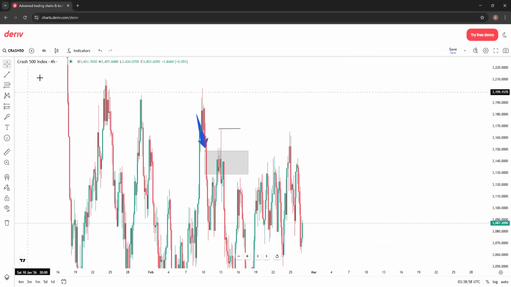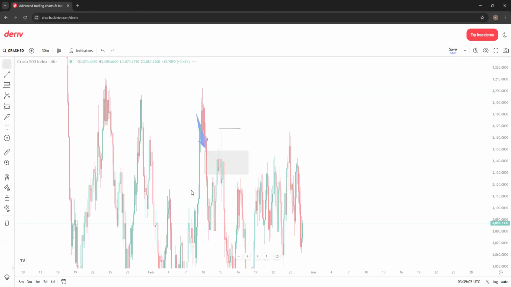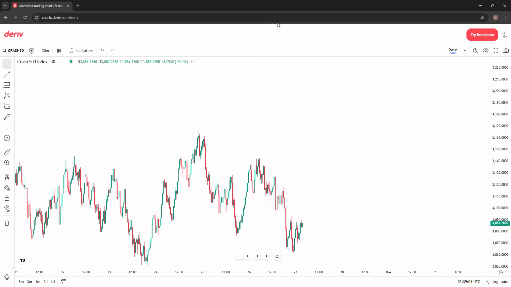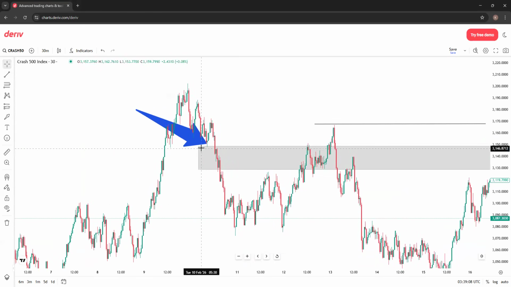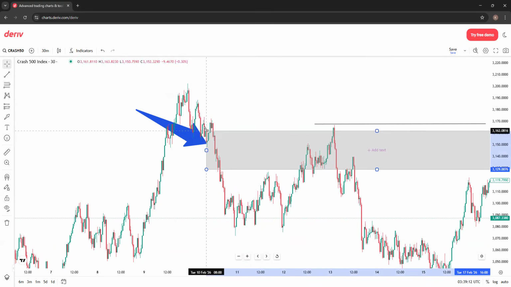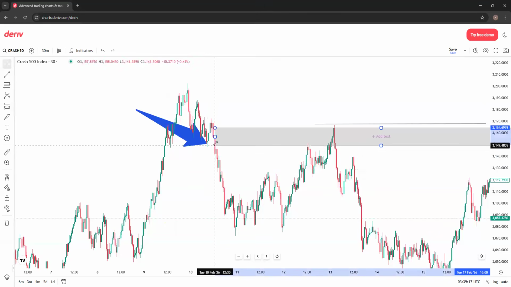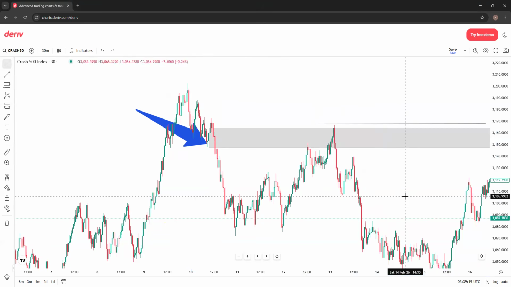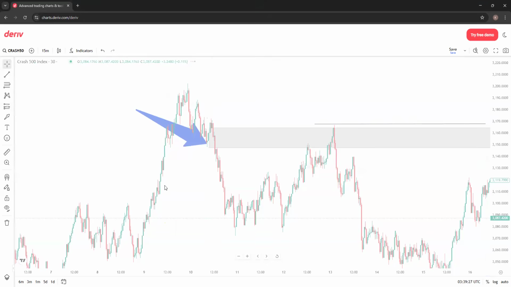If we move on to M30, what you're going to see is that the gap has now shifted. It's now here and here. And if you look at M15, let's go to M15.